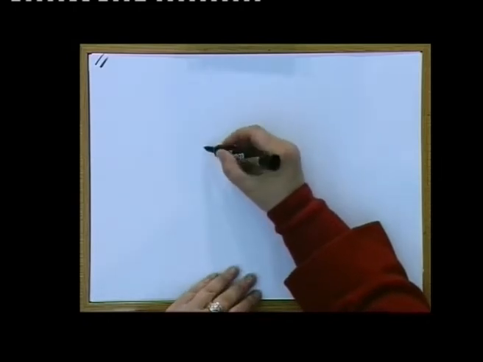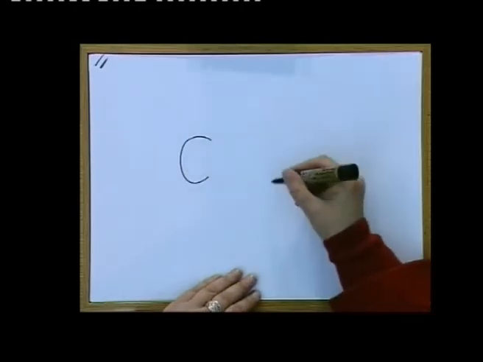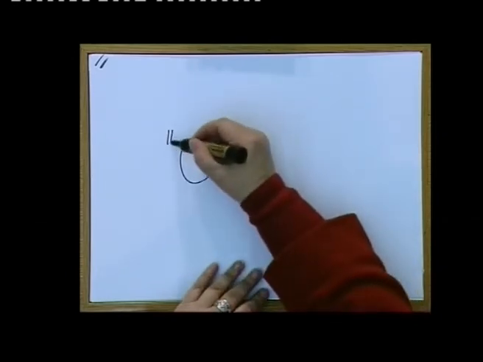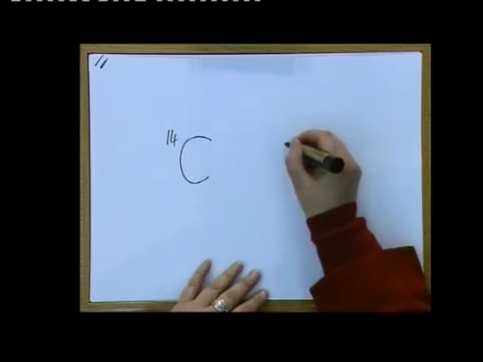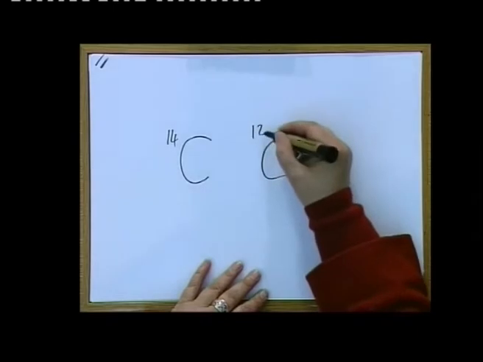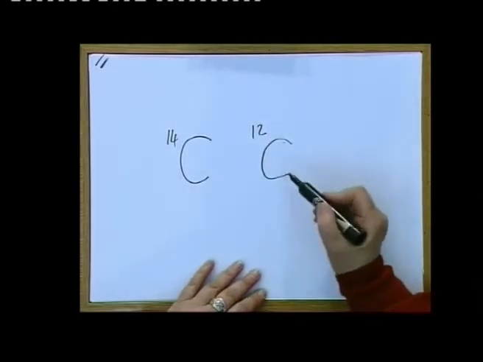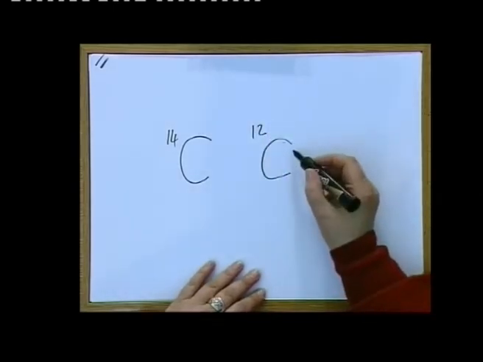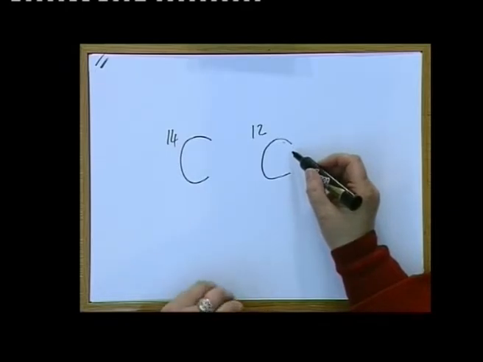Now, carbon is an element, C, that has two types of isotopes, carbon-14 and carbon-12. Carbon-12 is the usual condition in which we get carbon, the non-radioactive form.